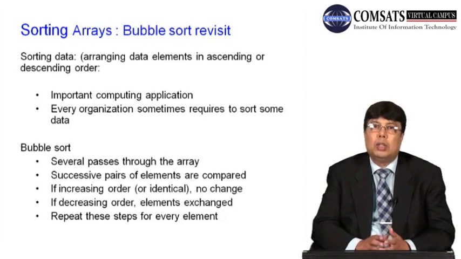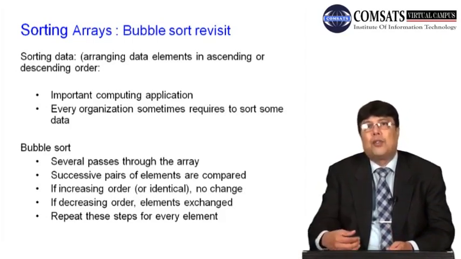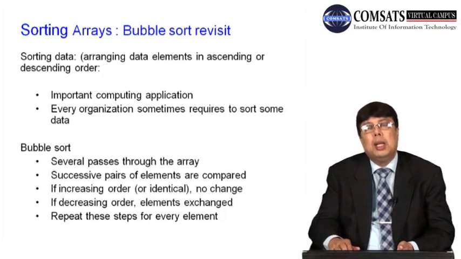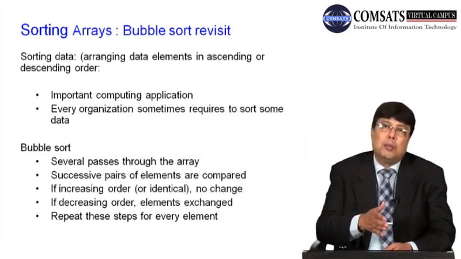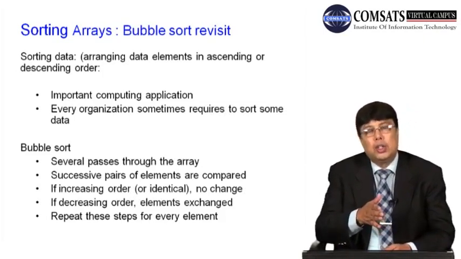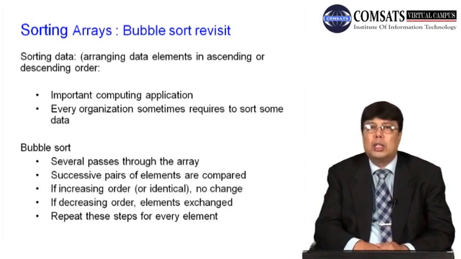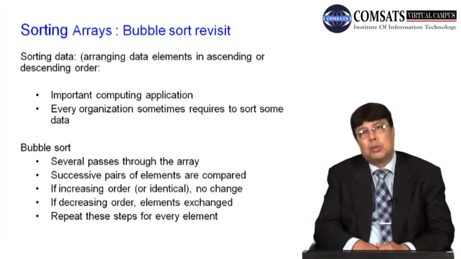Ascending order क्या है? The smallest first, then the larger, then the next highest, then the next highest, and finally the largest value is placed at the last. Descending क्या है? Descend कर रहा है, means the largest element present in the data should take the first place, then the smaller, and the smallest should take the last position. इसको कहते हैं descending order.